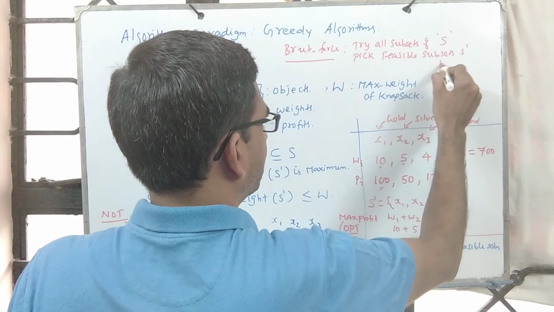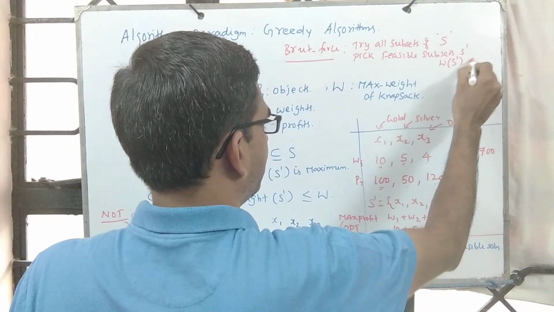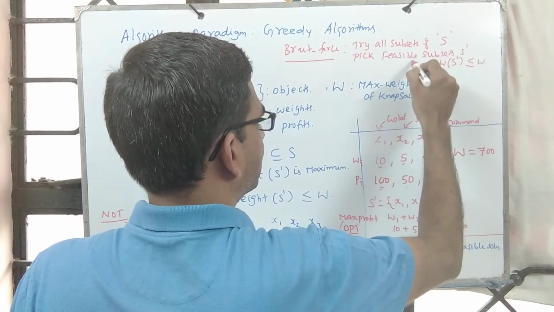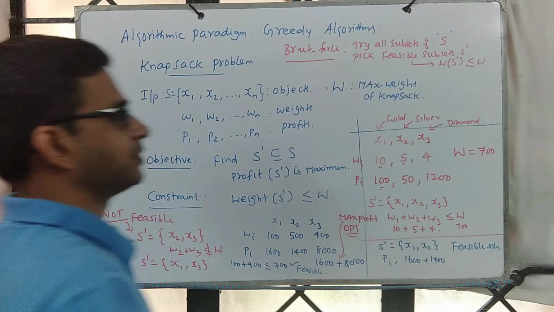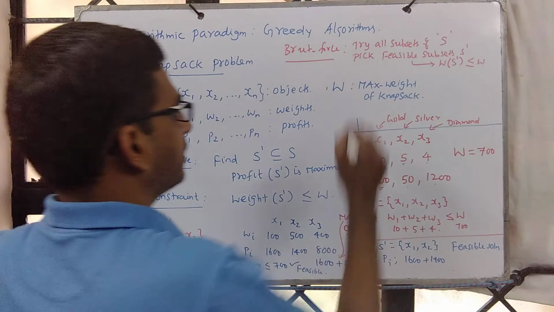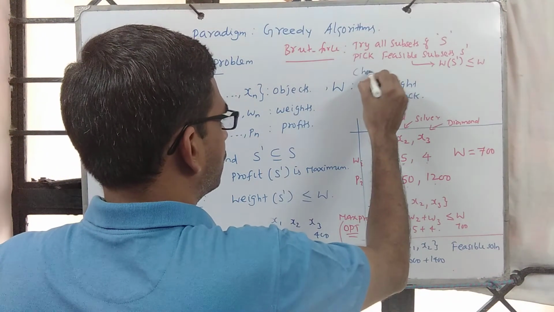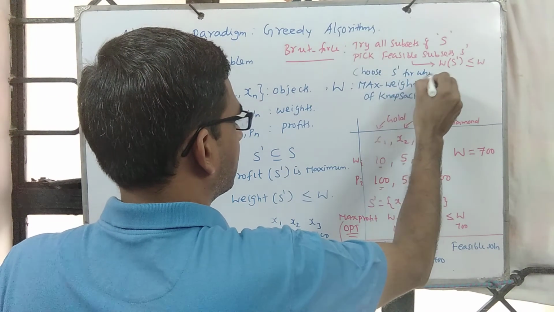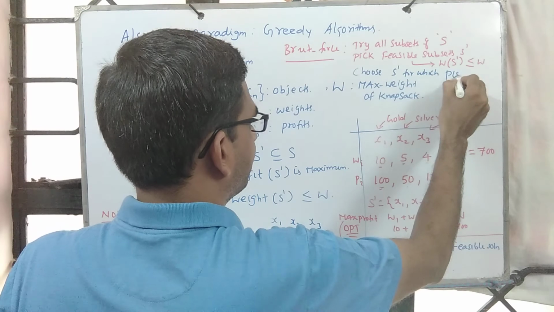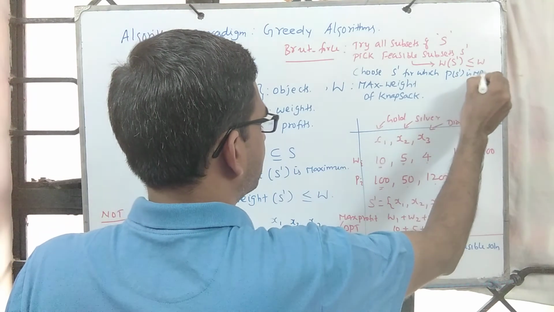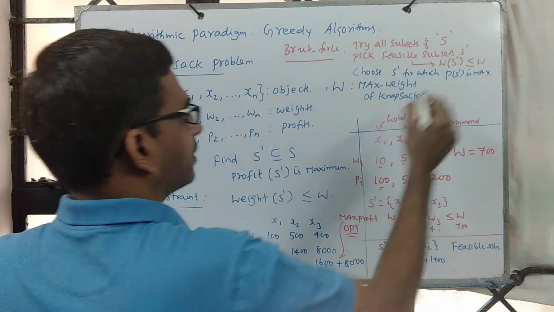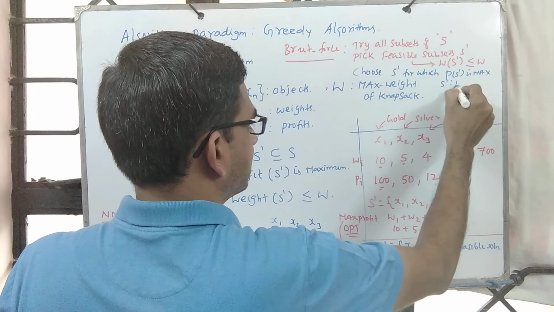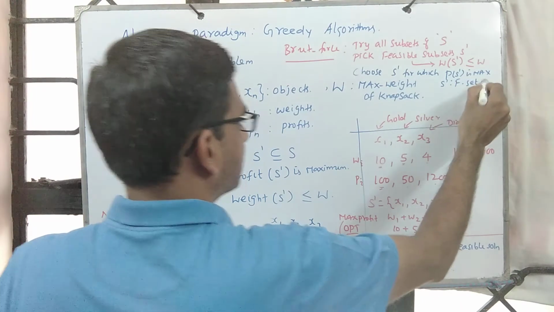When I say feasible subsets, weight of S prime is less than or equal to W. That is what we mean when we say feasible. Then choose S prime for which profit of S prime is maximum, where S prime is a feasible subset.